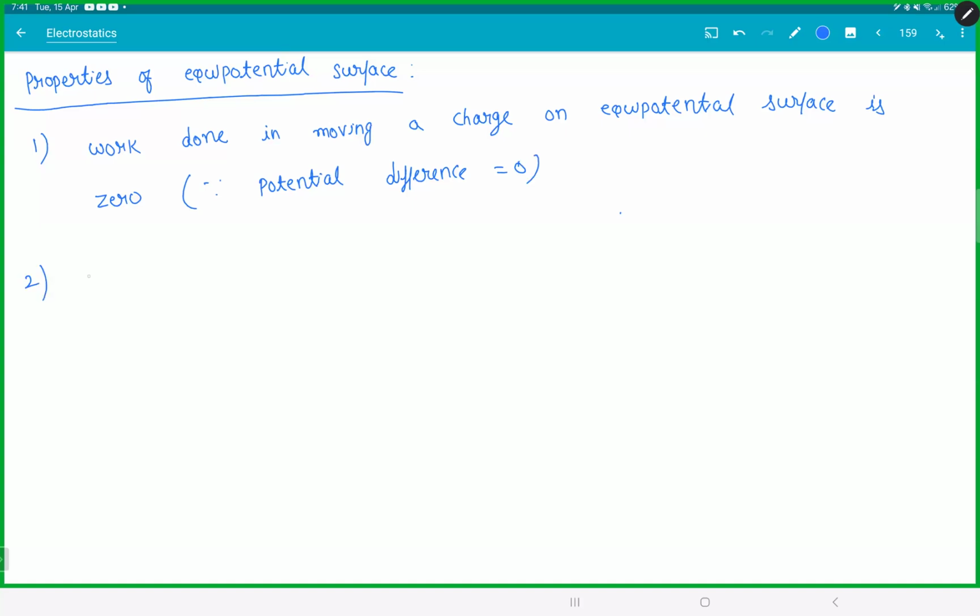Second thing, this is an important point. The electric field lines are always perpendicular to the equipotential surface.